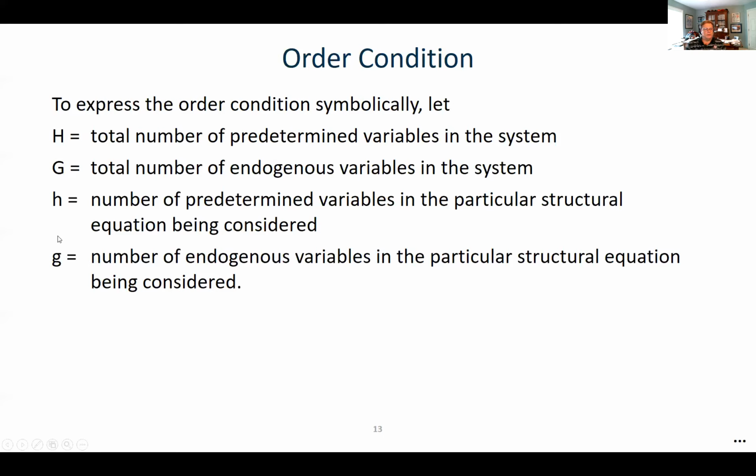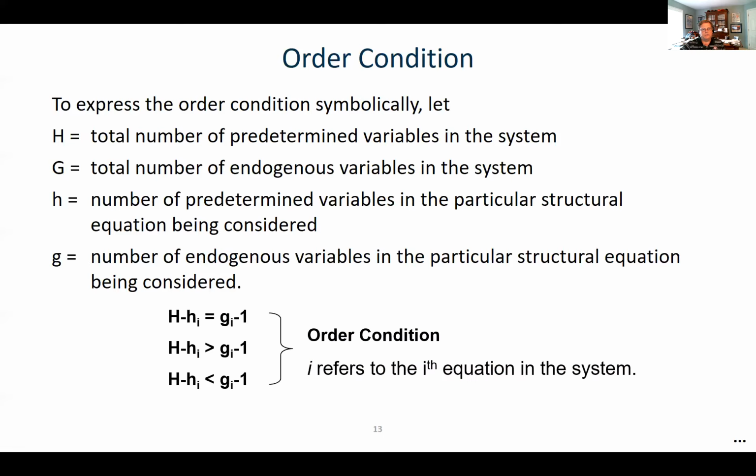But little h and little g here should have a subscript i corresponding to the particular equation under consideration. So little h is the number of predetermined variables in the particular equation being considered. Little g is the number of endogenous variables in the particular equation being considered.